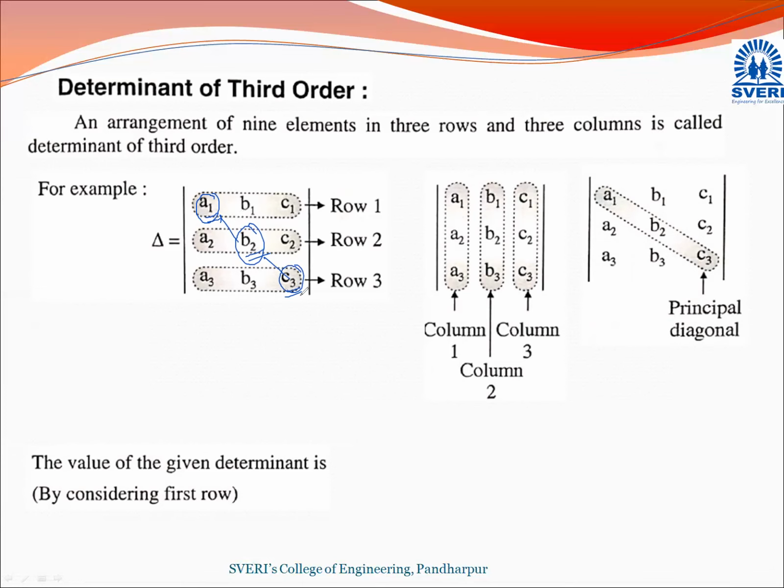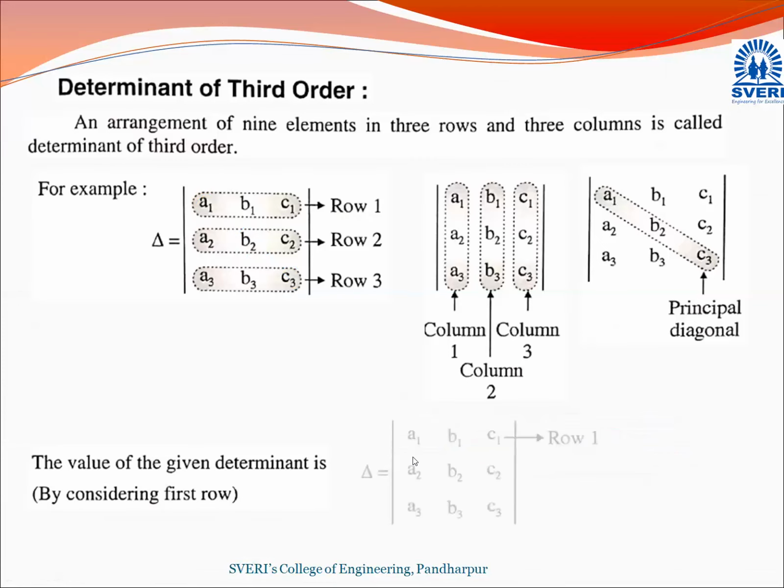Here we take the general method: a1 in bracket b2 c3 minus b3 c2, minus b1 in bracket a2 c3 minus a3 c2, plus c1 in bracket a2 b3 minus a3 b2. This is the general method to find the determinant of a matrix.